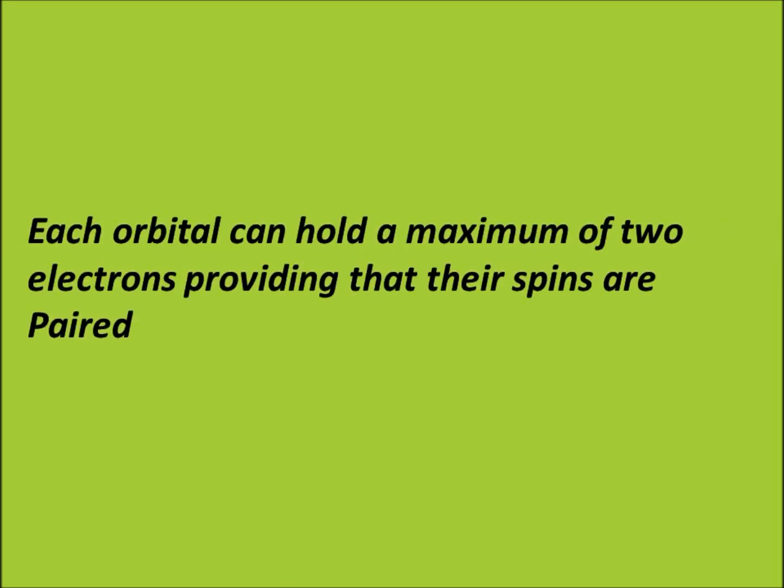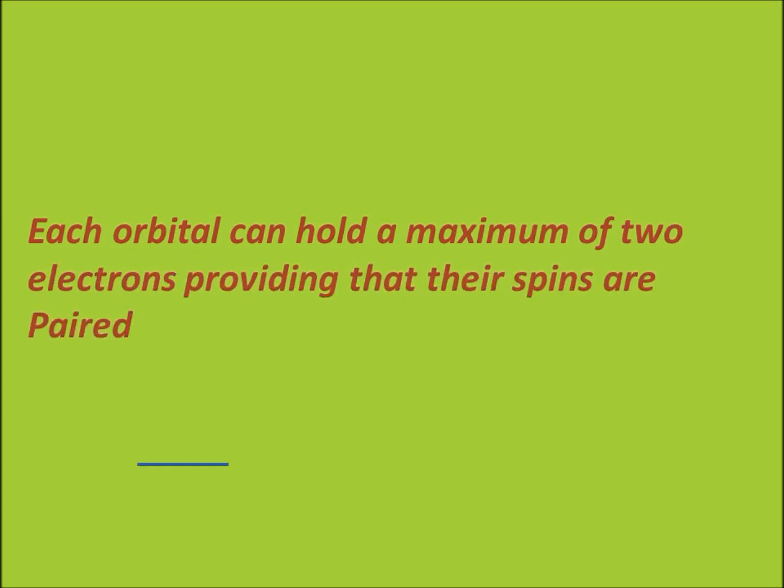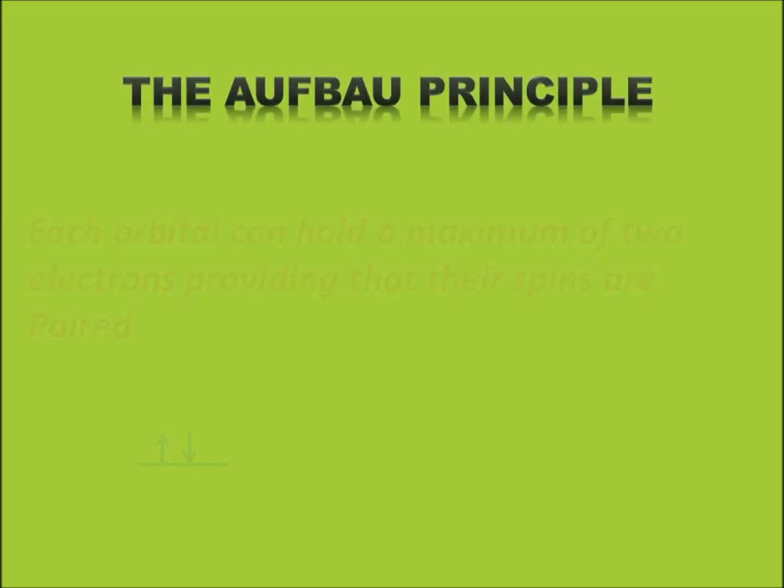The Pauli exclusion principle states that each orbital can hold a maximum of 2 electrons, providing that their spins are paired. By pairing spins, what we mean is each arrow represents an electron, and they must be pointing in opposite directions.